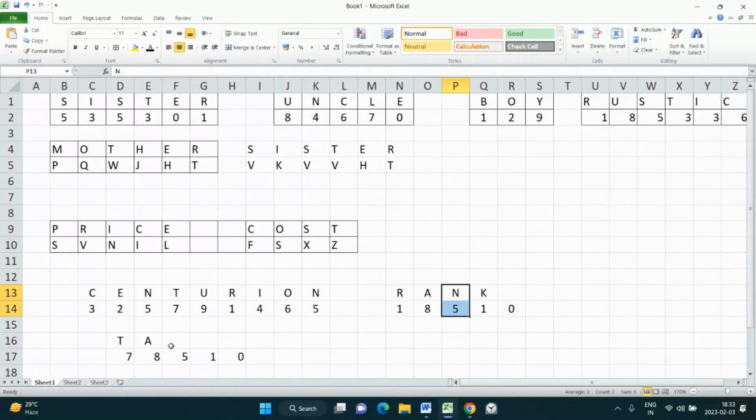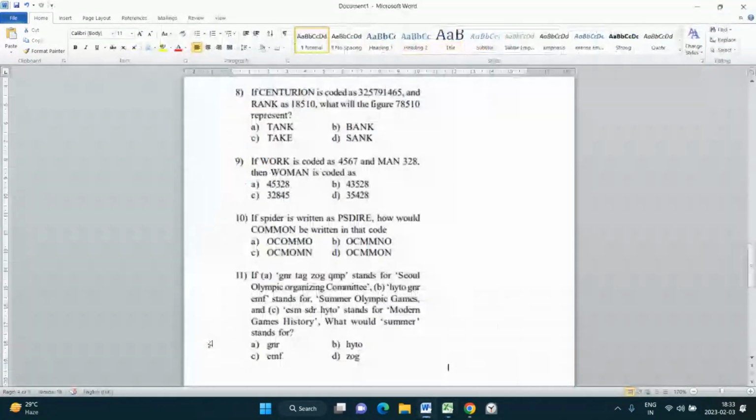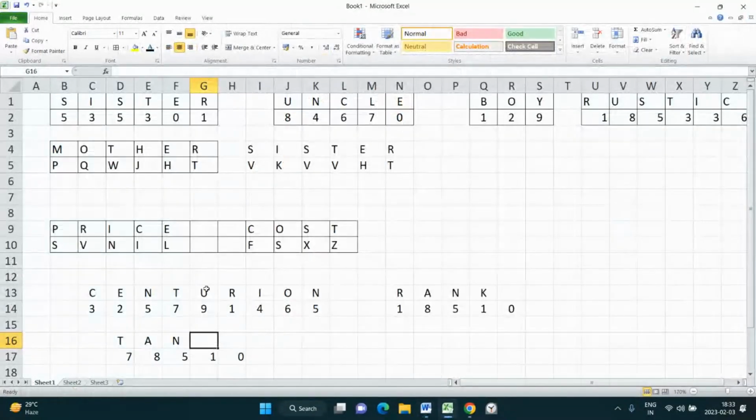All are N. Do I have 1 somewhere? There are 1s here. 1 is here. 1 is here. And 1 is also here.